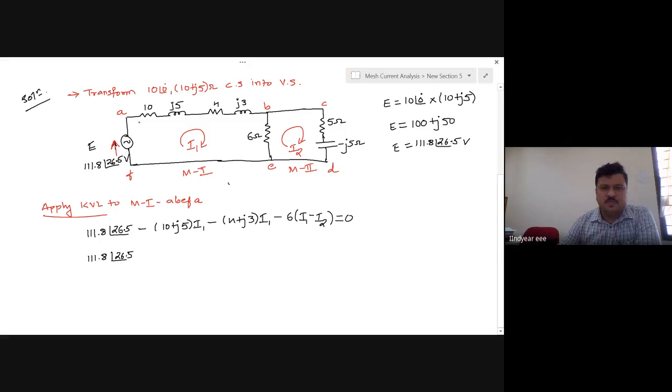So it is positive minus all the voltage drops in the circuit. I1 is flowing through 10 plus J5, I1 is flowing through 4 plus J3, and in the 6 ohm, both currents I1 and I2 flow. Because I am in mesh 1, it is I1 minus I2. Now open the brackets.